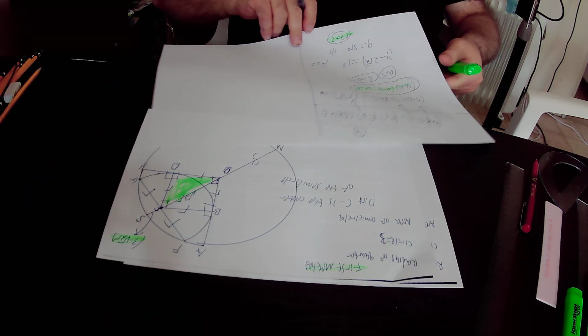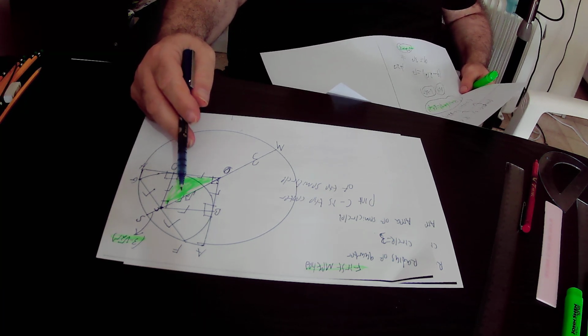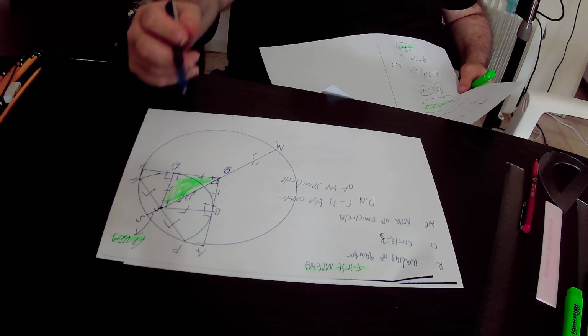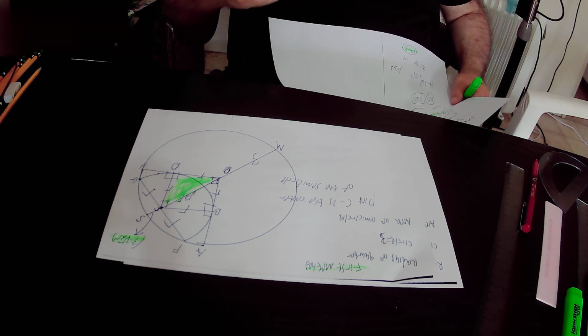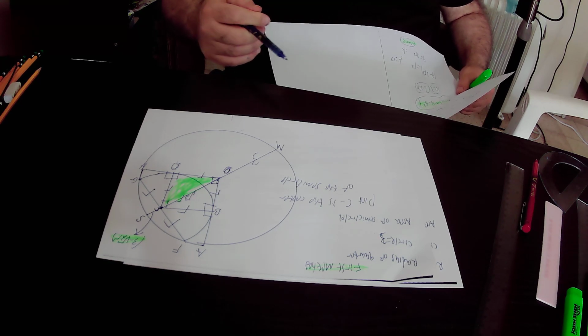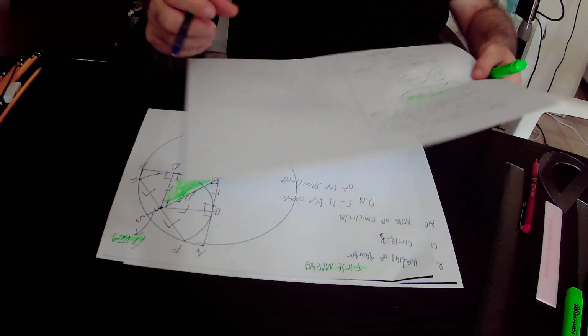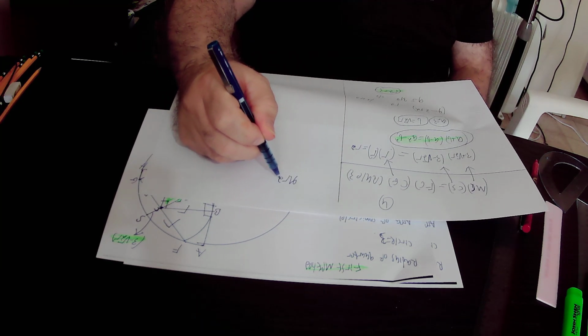And what is the area of this semicircle? The area of a circle is pi r squared. Therefore, the area of the semicircle will be half of it.